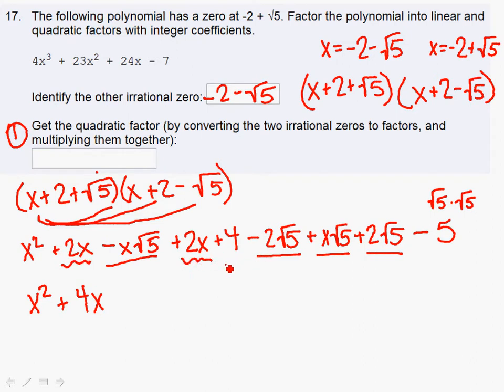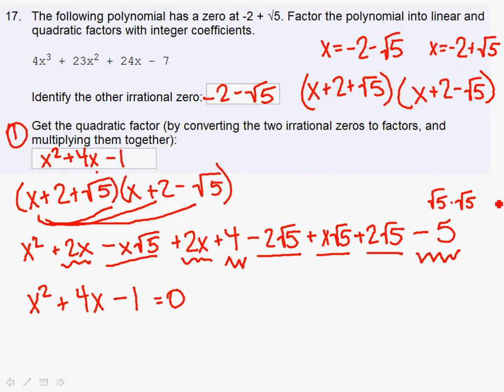And then we have 4 and -5 gives us -1. So that equals 0. That would be our quadratic factor: x squared plus 4x minus 1.